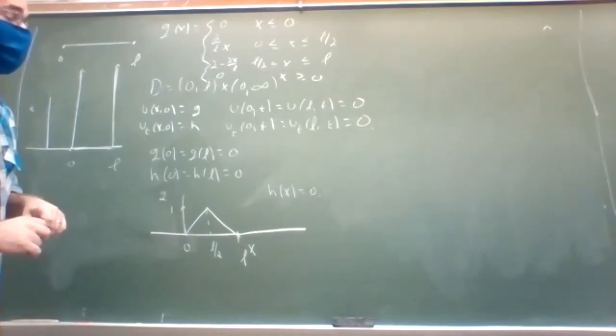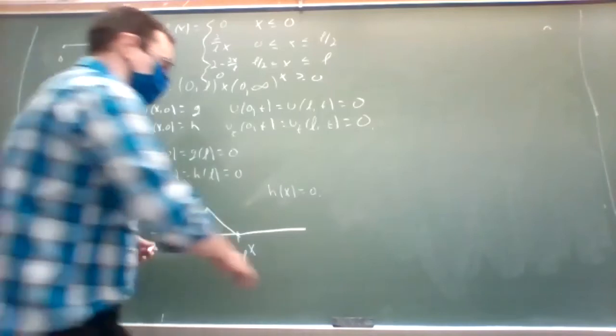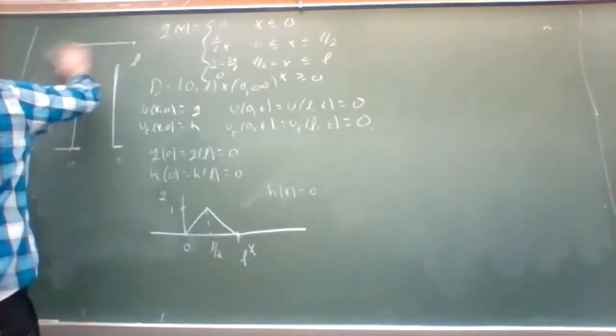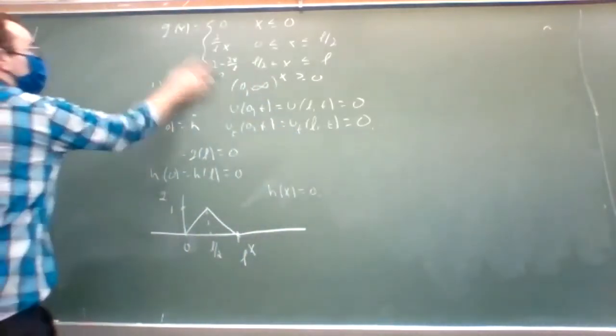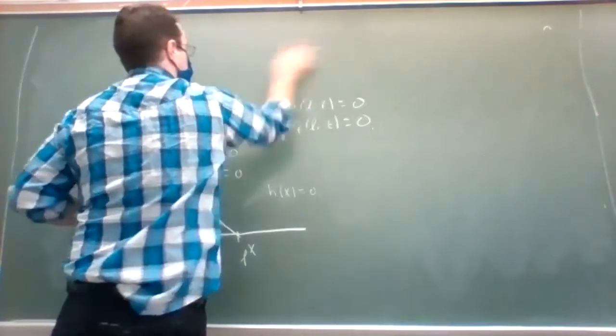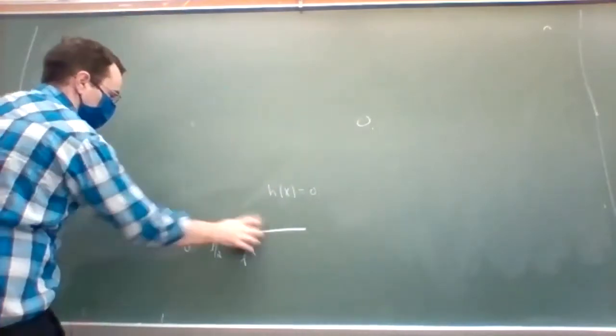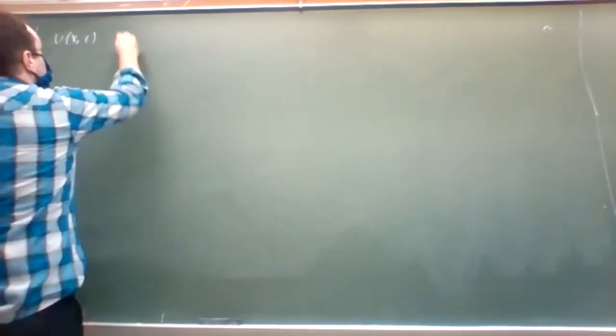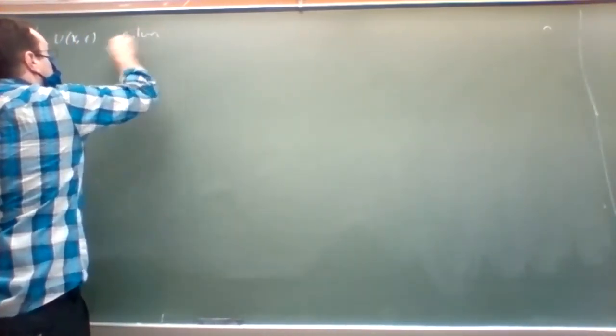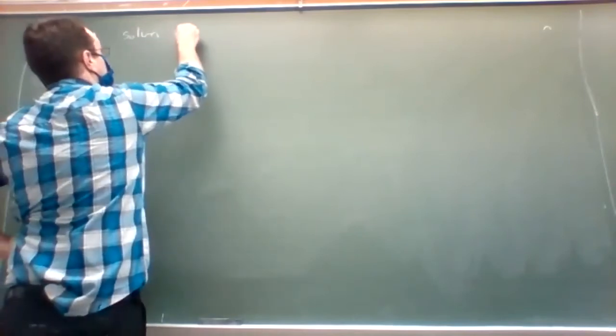So let's go the other way. Let's do a thought experiment. Oh, I shouldn't have erased that, but that's fine. You've written it down, or you can rewind the video. So let's say that u(x,t) solves the wave equation.